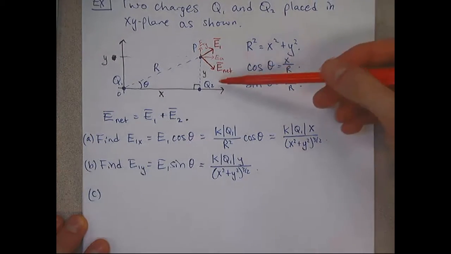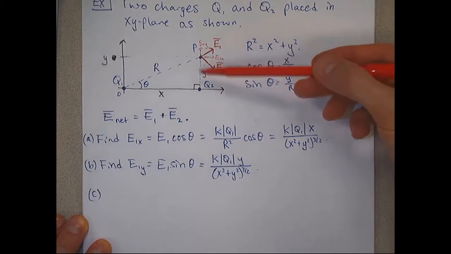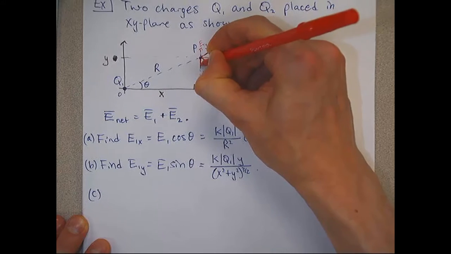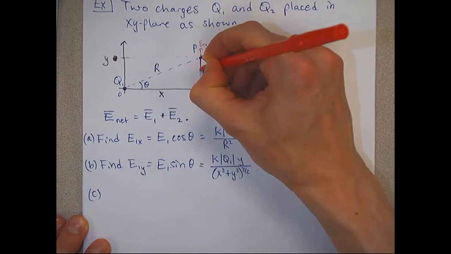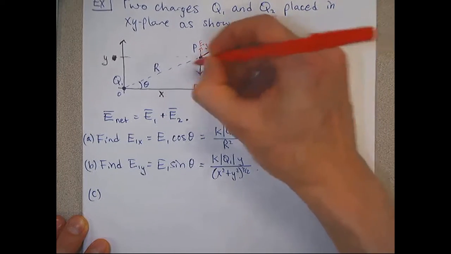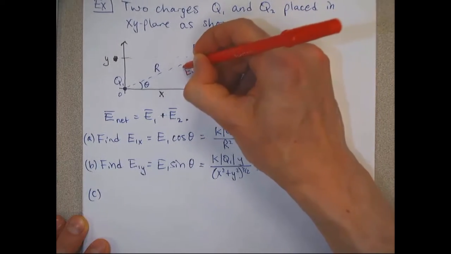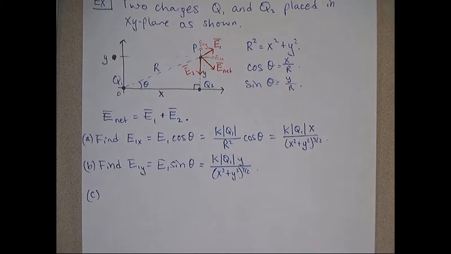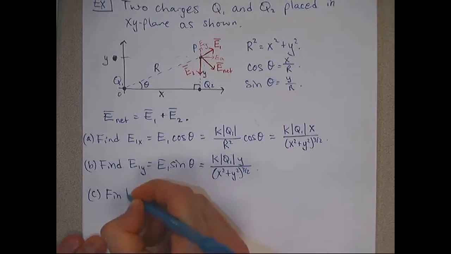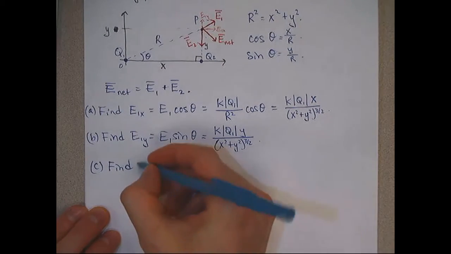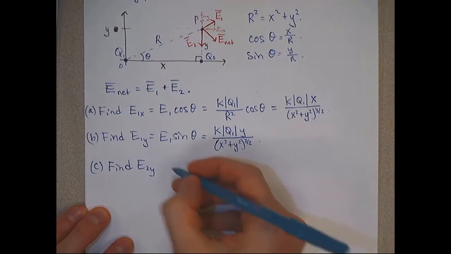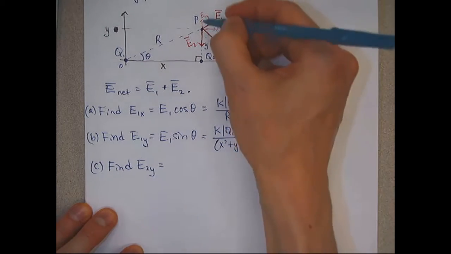You can see in this configuration that the electric field E2, which is created by charge Q2, does not have an x component. It points down. So we only need to find here E2y. There's no angles involved.